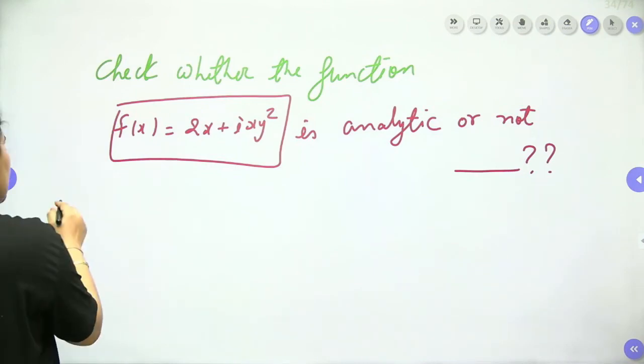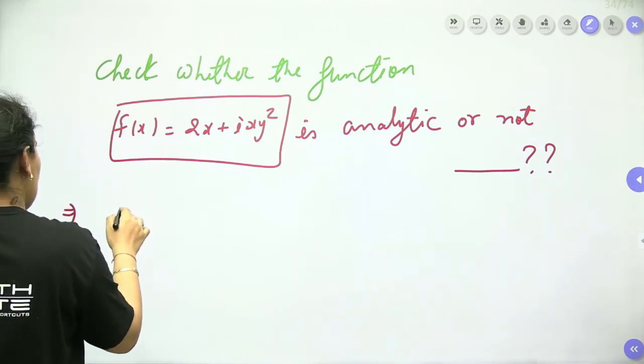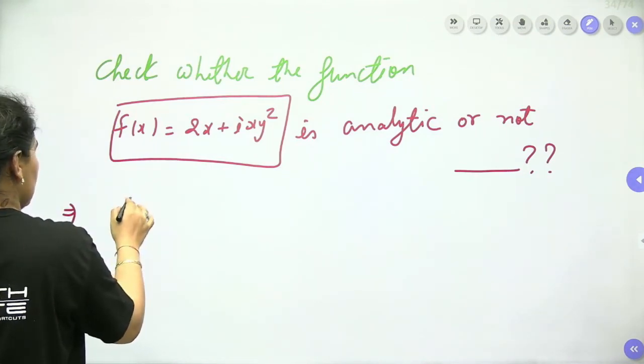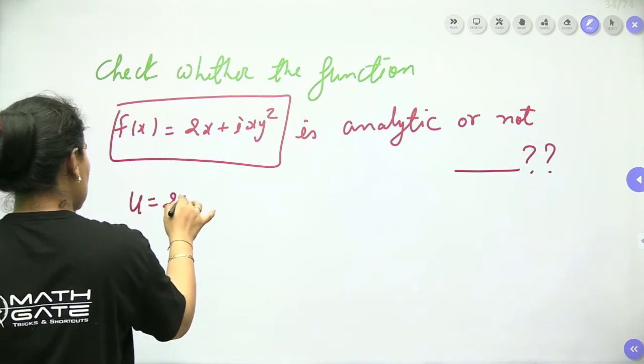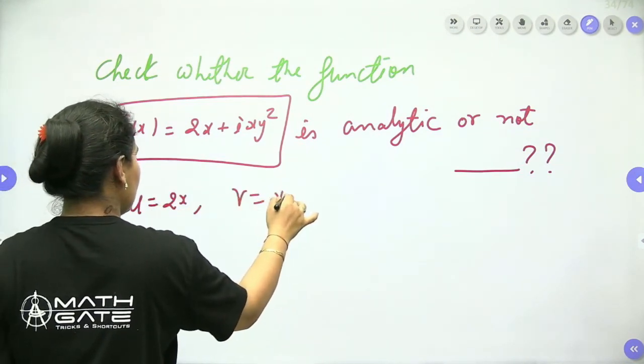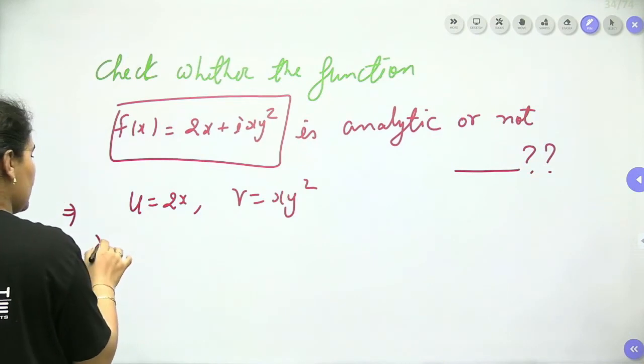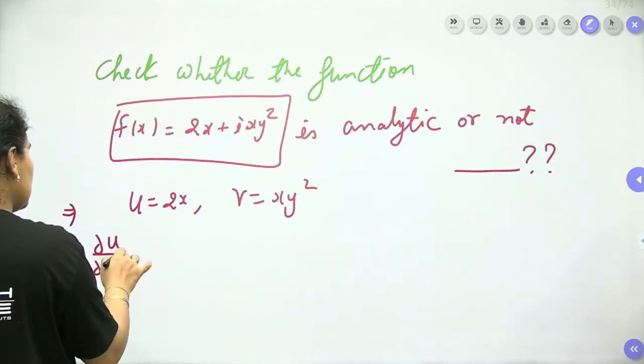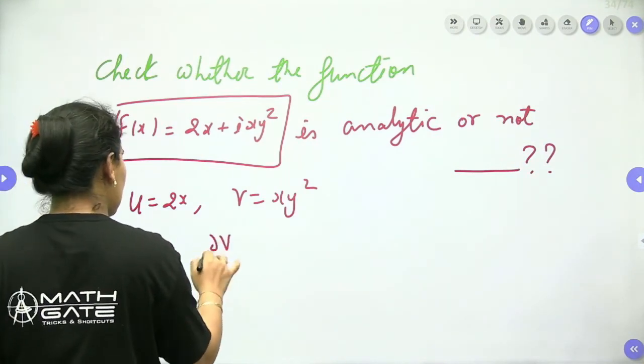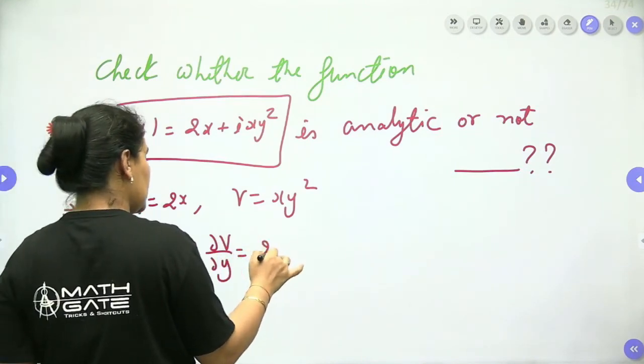Yes, so when we check, the real part u is equal to 2x, and the imaginary part v is equal to xy square. When we find del u by del x, it is equal to 2. When we find del v by del y, it is equal to 2xy.